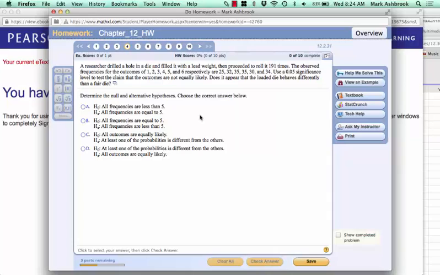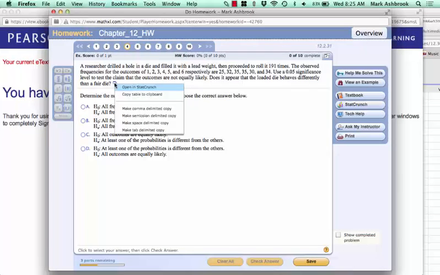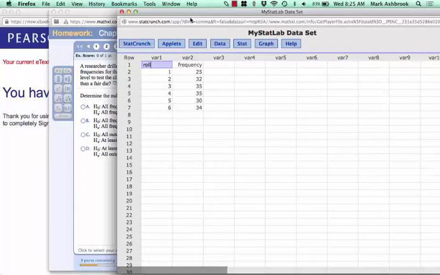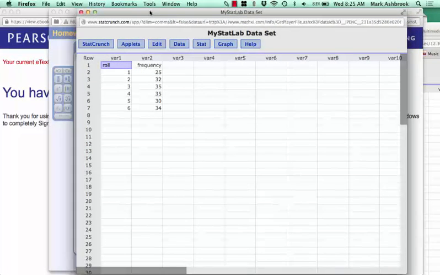And if you see this little thing right there, that will take this data and open up StatCrunch and put that data in StatCrunch. Okay, so here are the different outcomes, and here are the frequencies. So the frequency of rolling a 1, frequency of rolling a 2, etc.